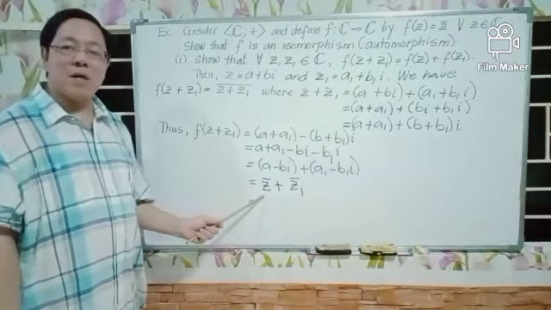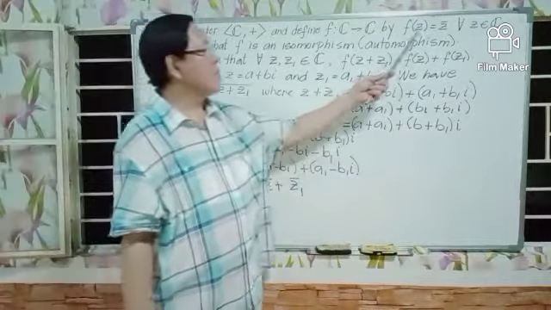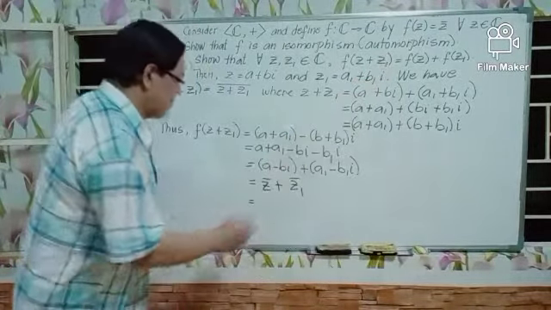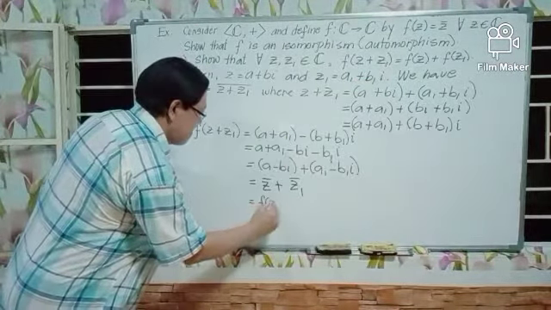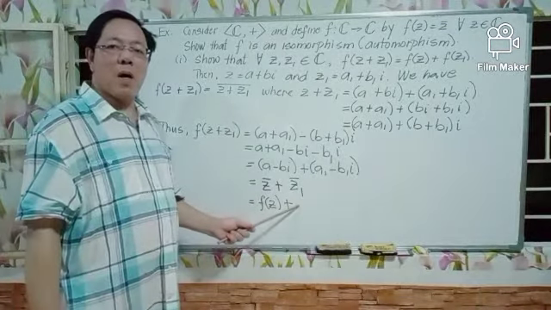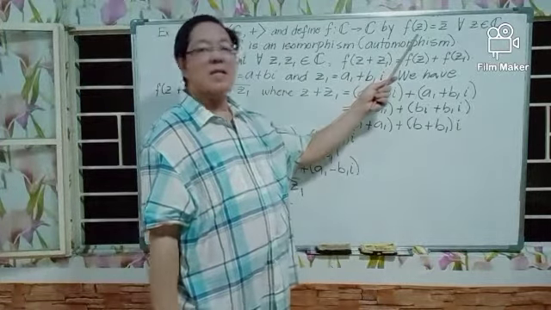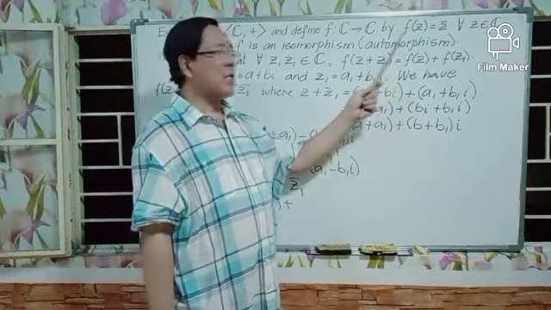But z bar, the conjugate of c, is the image of z under the function f. And z1 bar is the image of the complex number z1 under the function f.